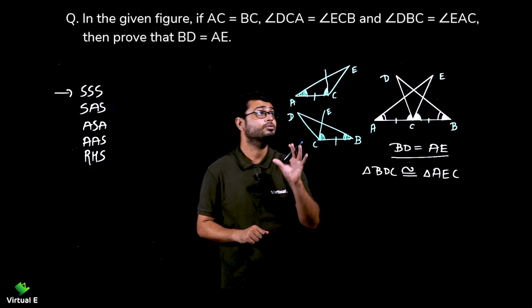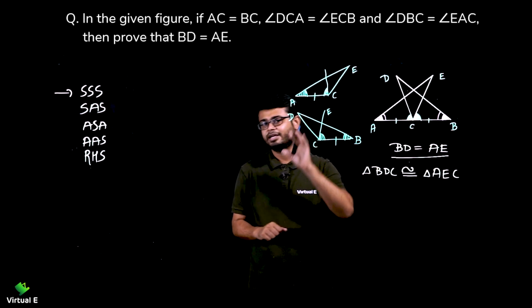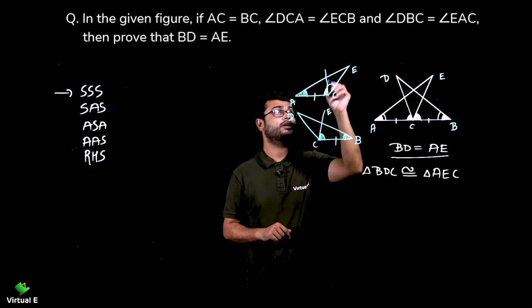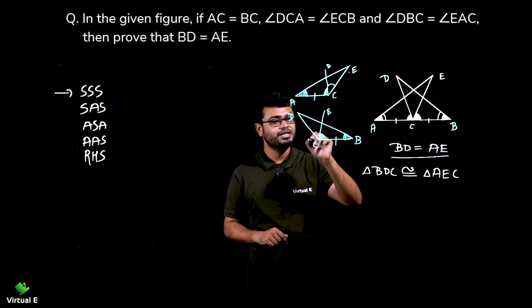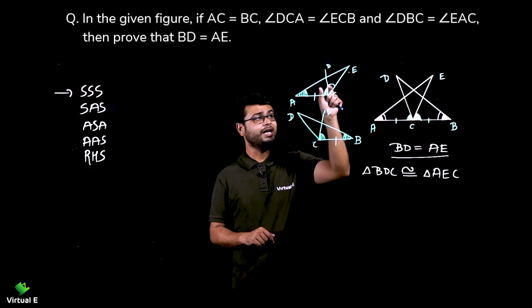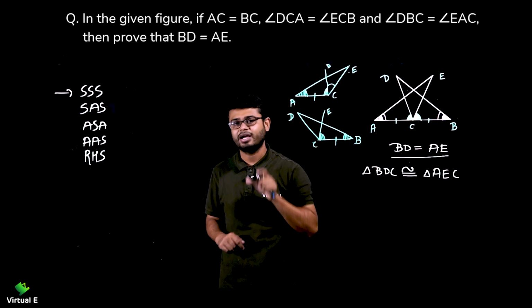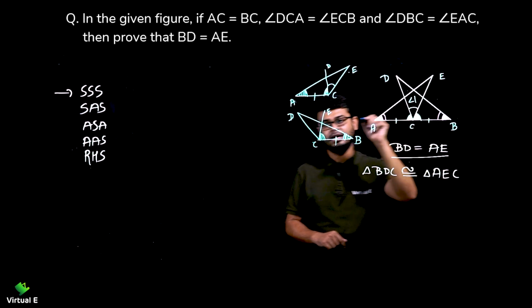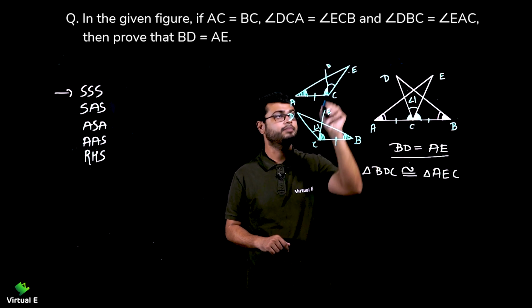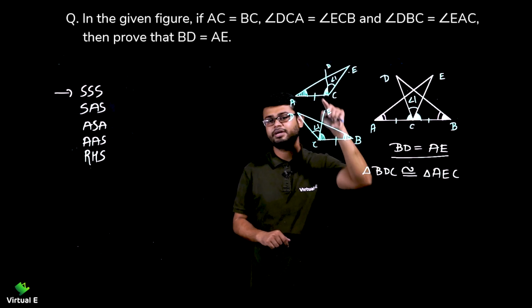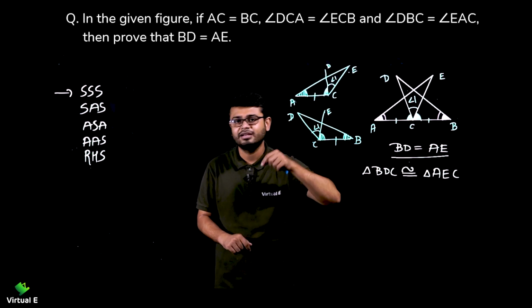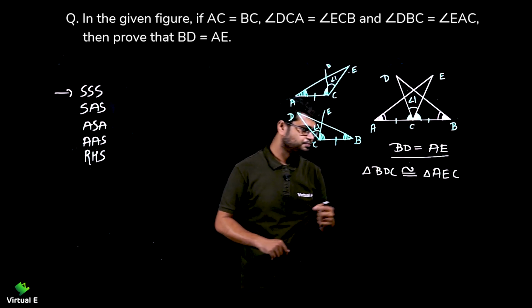So what we want to do over here, again like we did previously: this angle is very interesting. This is the angle DCE, and here DCE, right? That part is common in the triangles. So what are we going to do? We'll name it, let's say, angle 1, and we will add it to both of them. This angle is already equal, these two parts are already equal, and if we add the same angle into it, we'll get the same.